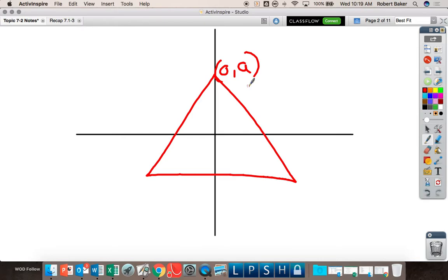So you have negative B A. So I know that this distance is A and this distance is A. Would it be negative... Okay. I didn't have the next one. So if you go A down, this one has to be A down. And if you went B to the left, you can go B to the right.